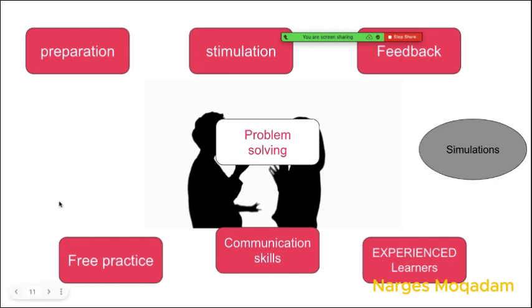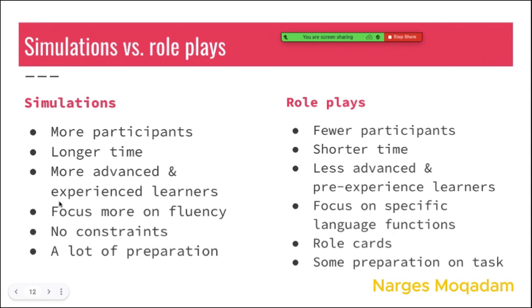So let's go through a quick comparison between simulations and role plays. Simulations can be done with more participants than role plays. As I told you, role plays are typically delivered in pair work, but for simulations we can actually have group work. We need to spend more time for simulations.